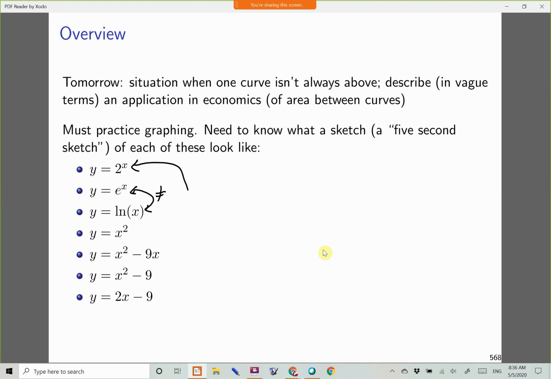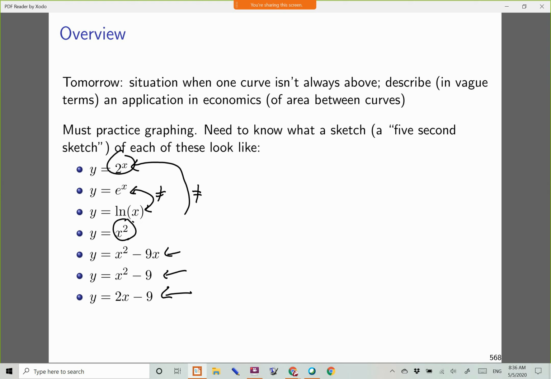Don't confuse 2 to the x and x to the 2. Those aren't the same. You've got an exponential here. You have a parabola there. x squared minus 9x is just a different parabola. I want you to be familiar with graphing some of these. x squared minus 9 is a different parabola. 2x minus 9 is a line of slope 2 with y-intercept negative 9.